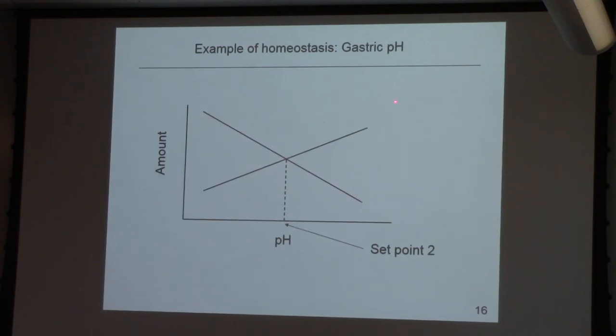Gastrin, histamine, and acetylcholine would go over here because more of those cause the parietal cells of the stomach to secrete gastric acid. Somatostatin would go here because somatostatin turns off the parietal cells and causes them to decrease the secretion of gastric acid.